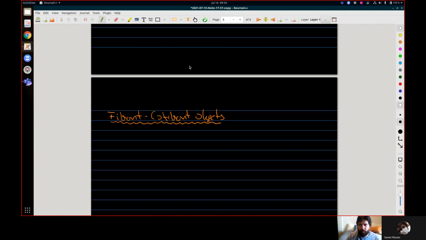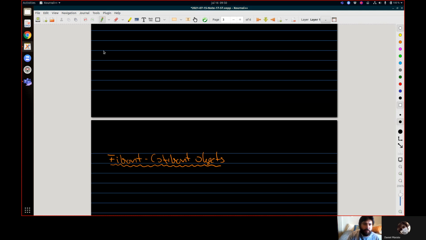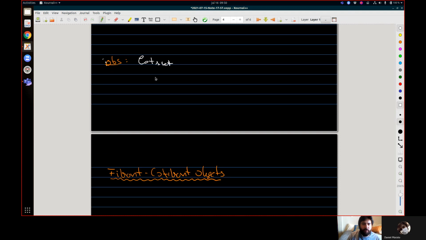Oh yeah, just one last remark here. The category S set, cat S set, sorry, with the model structure defined above is right proper.